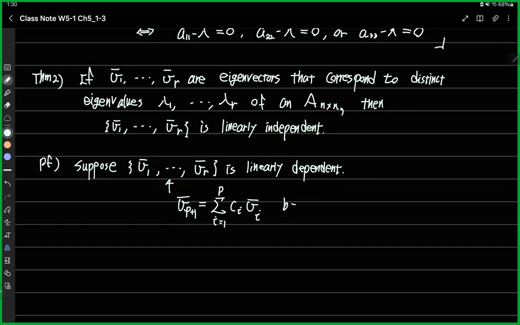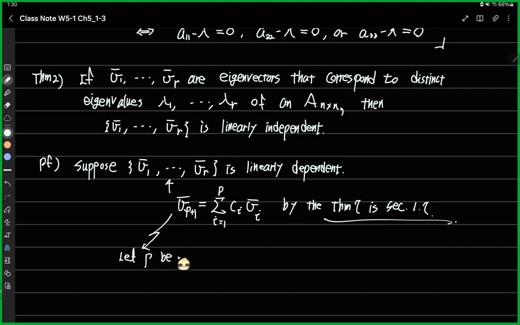So a vector in this set can be expressed as a linear combination of preceding vectors. That's by theorem 7 in section 1.7. So let p be the least index such that v(p+1) is a linear combination of the sum, i goes 1 through p, of ci vi.